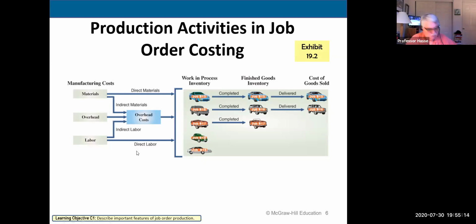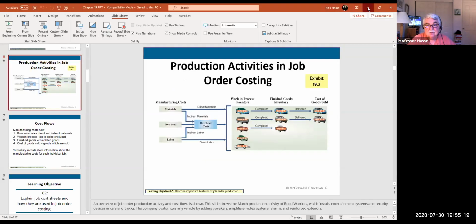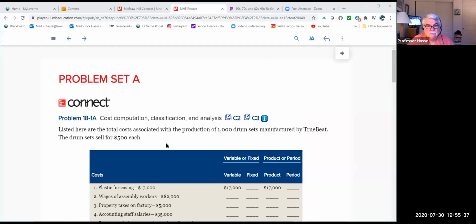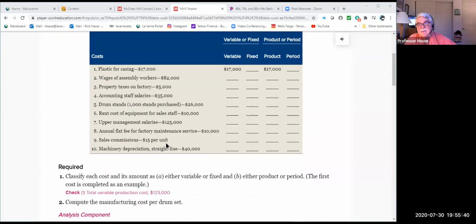If I go back to chapter 18 that we just did, and I will do that right now. All right. What are materials, labor, and overhead here? Remember, materials, labor, and overhead have to do with product cost.